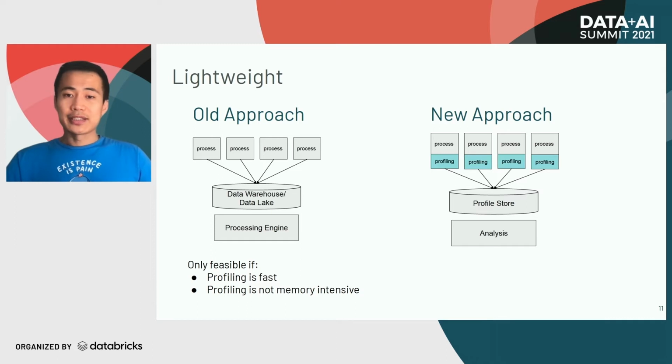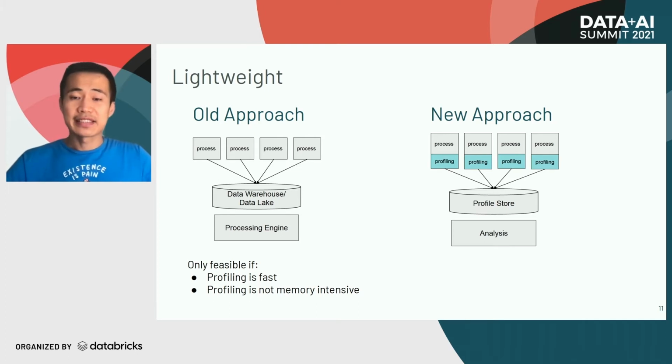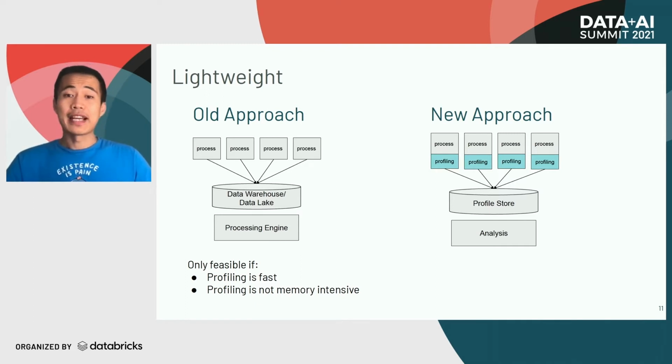The result here is not the data itself, but the profiles, which are much smaller in size, and can then be aggregated and collected into a store such as an S3 bucket or a GCS bucket for further analysis. But this is only possible if you can do it fast and with a very small memory footprint.